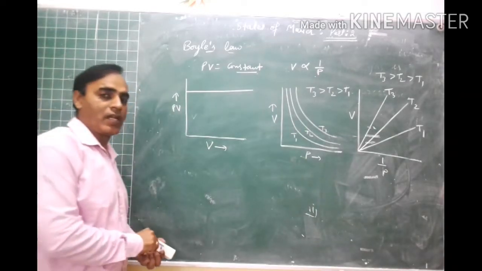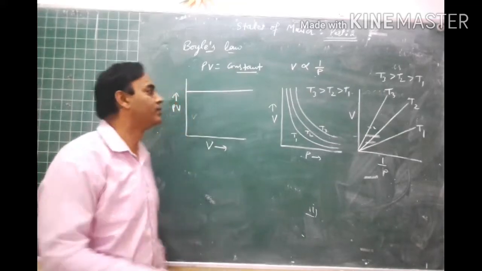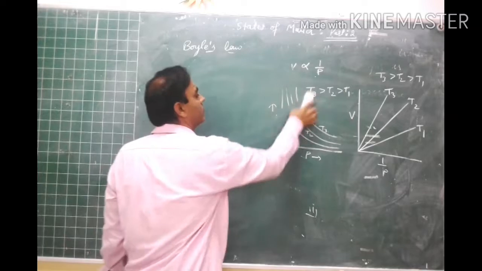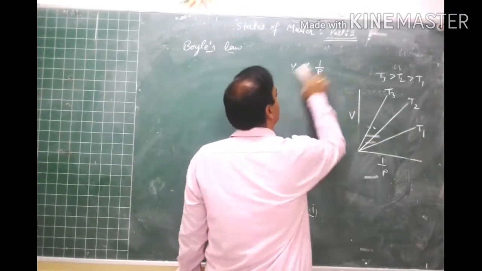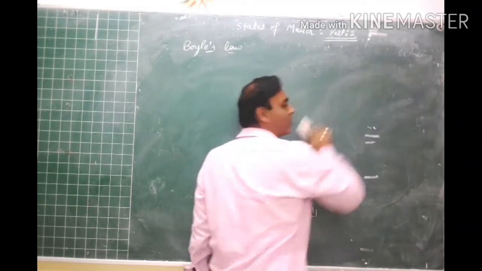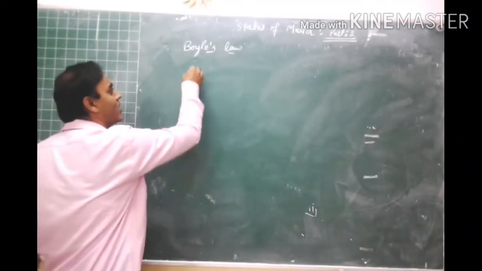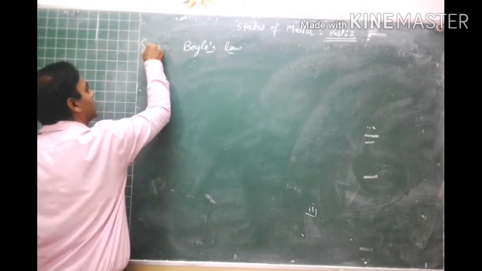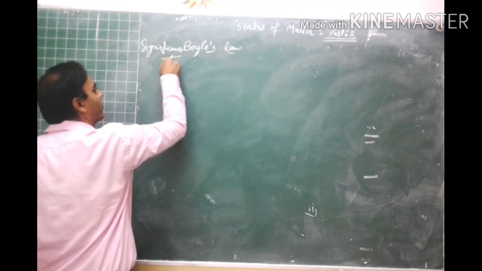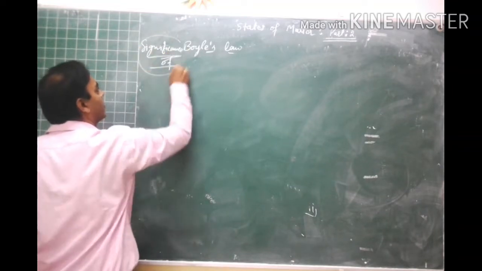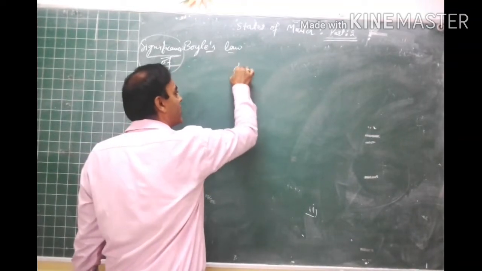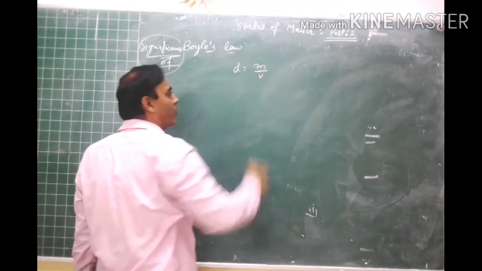Now we will discuss a numerical on the basis of Boyle's law. But before that, there is the significance of Boyle's law. What is that significance? Now we know that density is equal to mass upon volume.